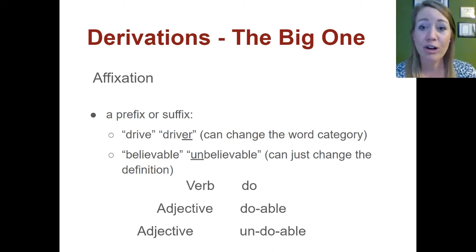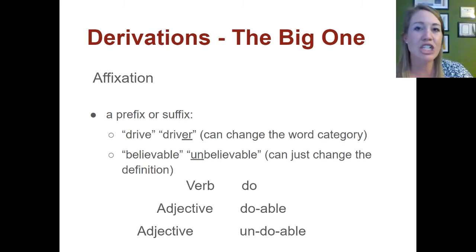I add the -er and all of a sudden I have made that a noun. The driver, a person, place, or thing, is a noun, and does the driving, drive, which is a verb. So it's a great example of how when I add a small unit, an affix, to a word, I can change the meaning and I can change the part of speech, from a verb, drive, to a noun, driver. We're going to look at those closer in upcoming lectures. That's why I saved this one for last.